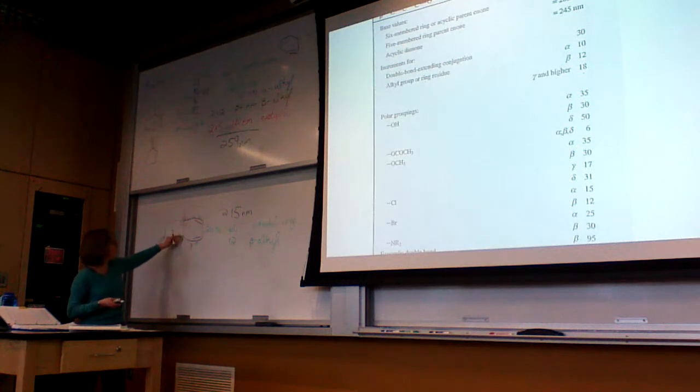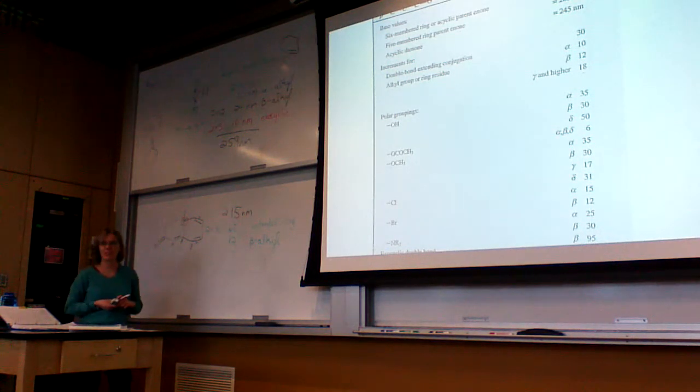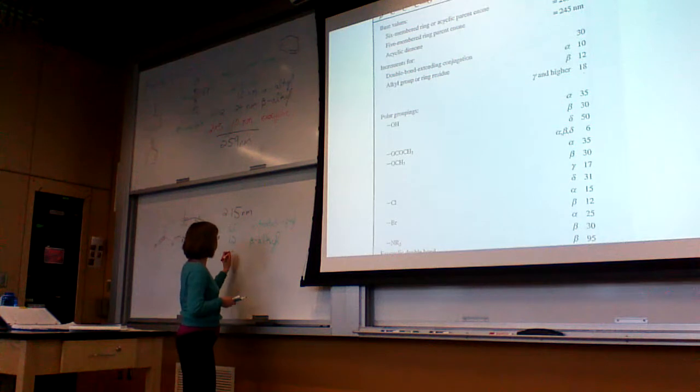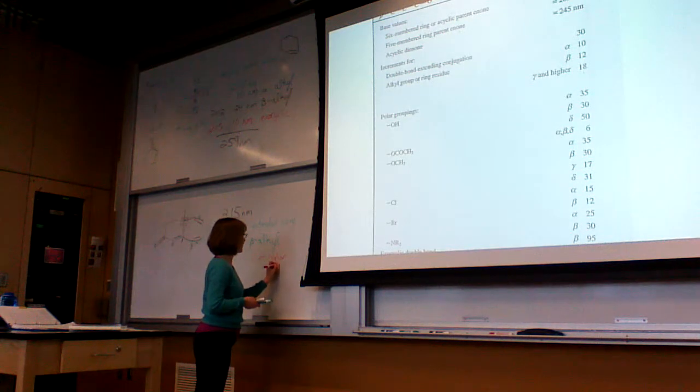The green box is the beta. So it's attached beta. It's also attached at the end of our conjugation, which is the gamma or higher. So you count it twice? Count it twice, well, in different ways though, because beta is going to add 12, gamma or higher is going to add 18. So now we're going to add 18 for our gamma or higher alkyl.